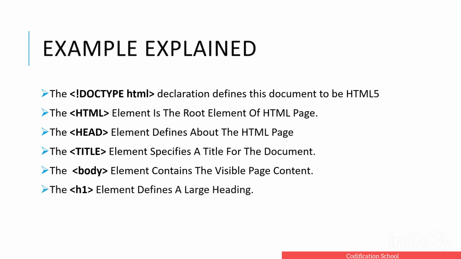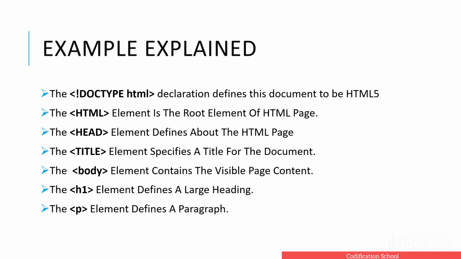The H1 element defines a large heading, H2, H3, H4, and these decrease respectively in size as a heading. Then at the last we have P, which defines a paragraph. So whenever we have to define a paragraph, we use this tag to declare a paragraph.